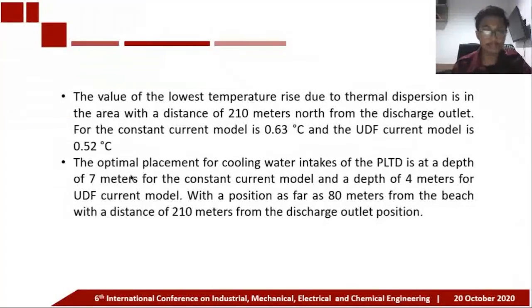And the last one is the optimal placement for the cooling water intake of the PLTD, which is at a depth of 7 meters for the constant current model, and a depth of 4 meters for the UDF current model, with a position as far as 80 meters from the beach with a distance of 210 meters from the discharge outlet position.